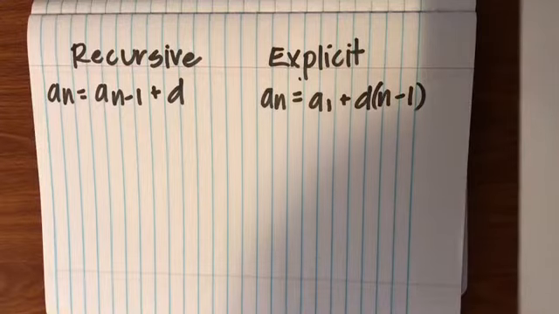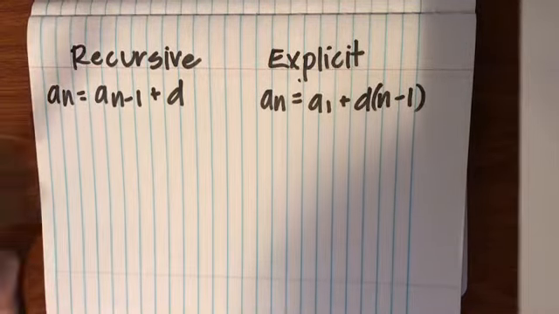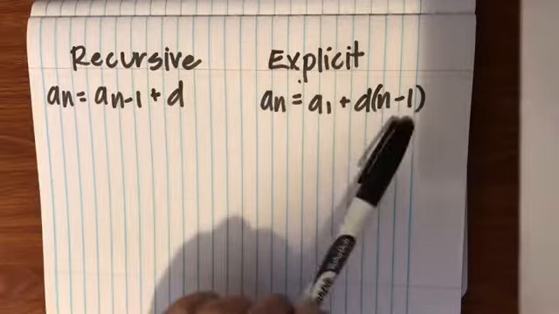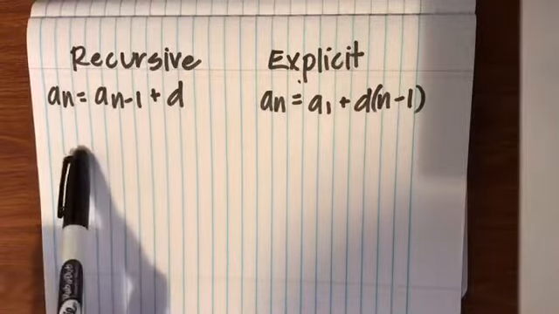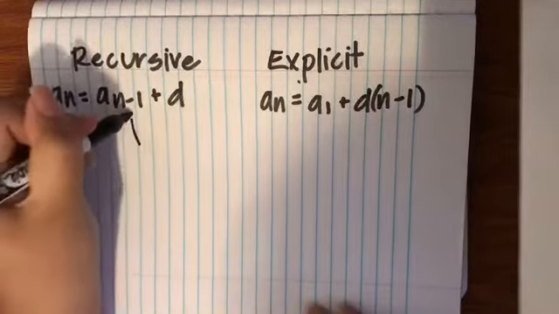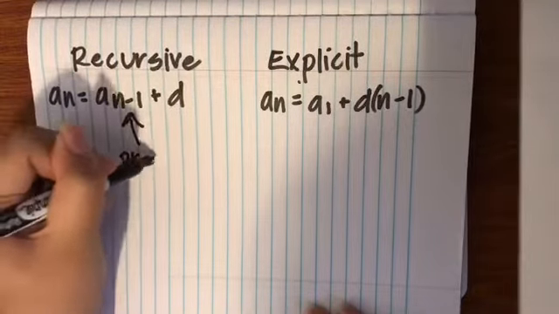So now we have arithmetic sequence formulas. We have the recursive formula and the explicit formula. Now with the explicit formula, the previous term is unknown, but with the recursive formula, you have to know the previous term, which would be this right here.